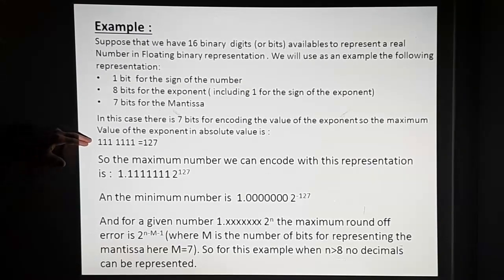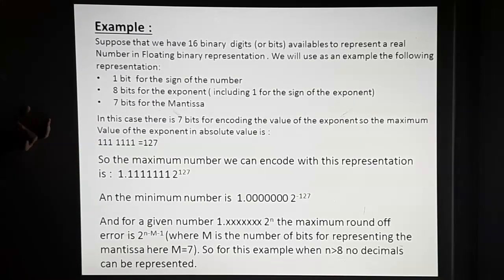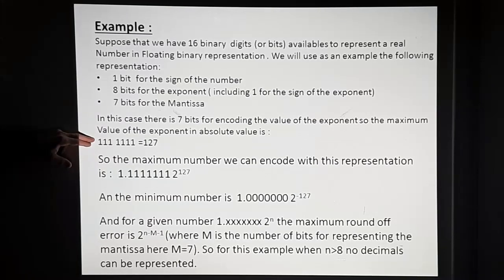Now if I want to have minus 127, for example, then I can attach a sign bit here, put a 1 here if the exponent is negative, or a 0 if the exponent is positive.